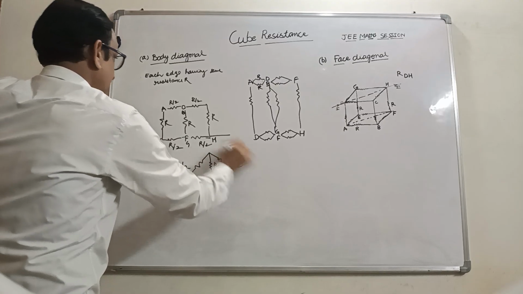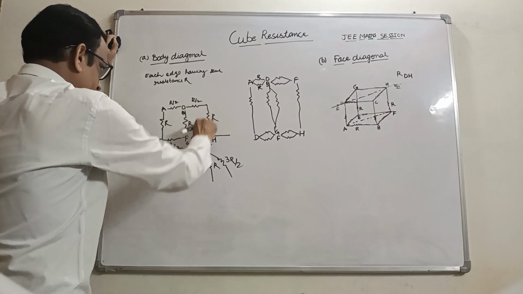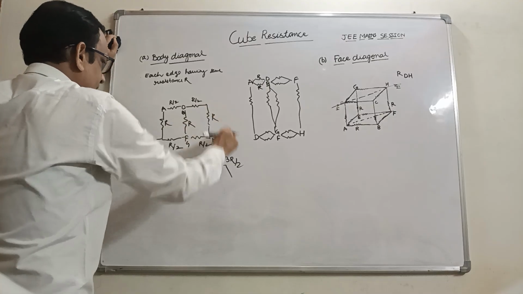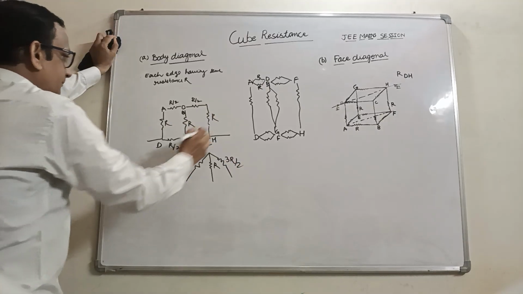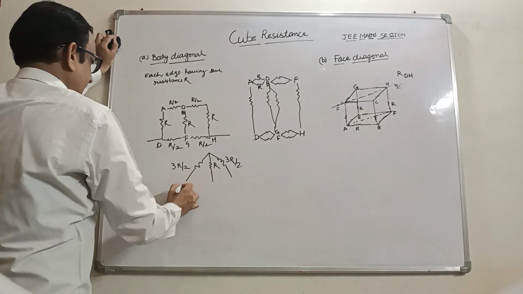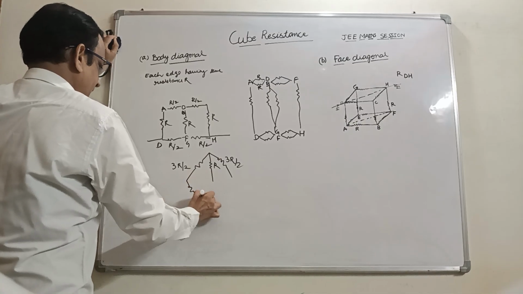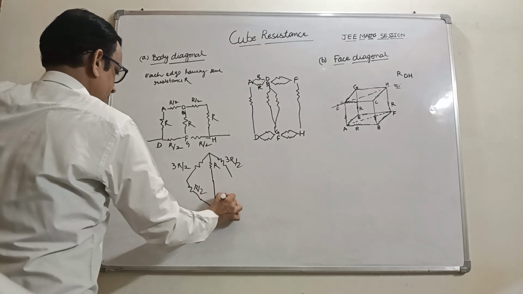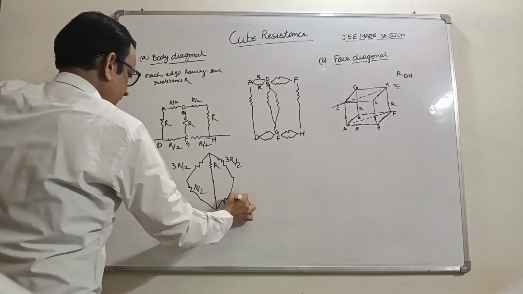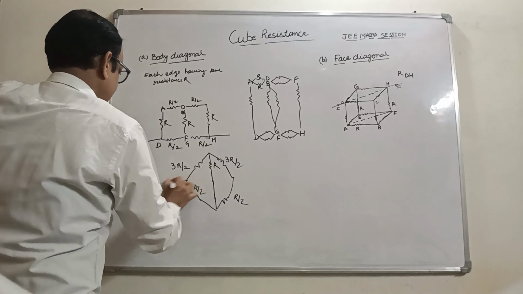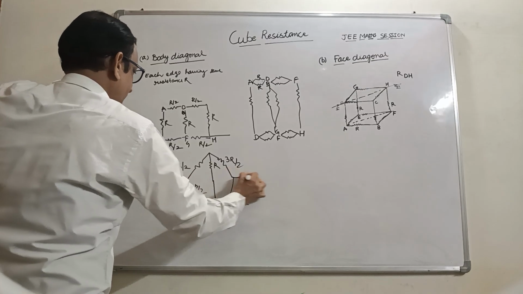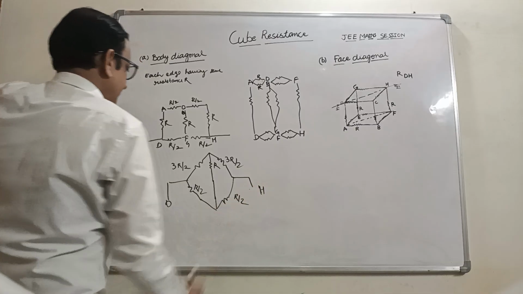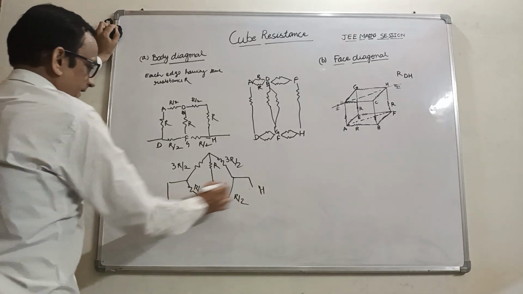So this is R by 2 and R in series, so this becomes 3R by 2, this becomes 3R by 2, and this is R by 2, this is also R by 2, and this is R by 2. This is the point D, and this is the point H. So we have to find the resistance between D and H.